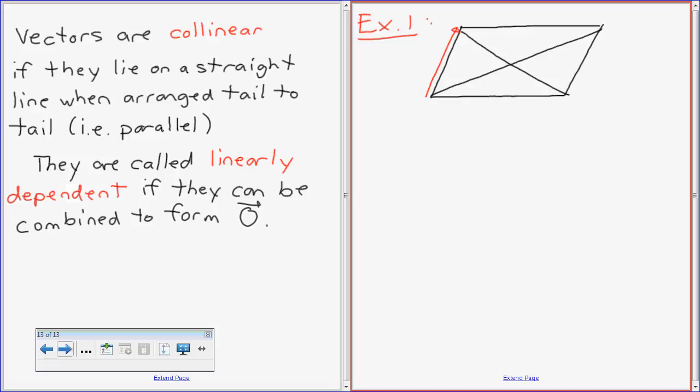That right there is going to be vector A. All right. This right here is going to be vector B. Is that a parallelogram? Yes. This right here is going to be vector C. And this right here is going to be vector D.